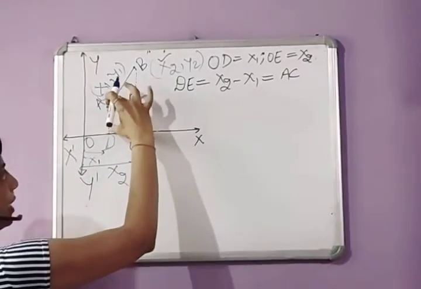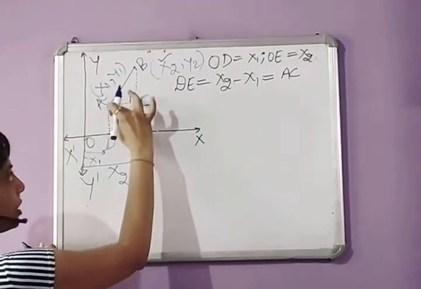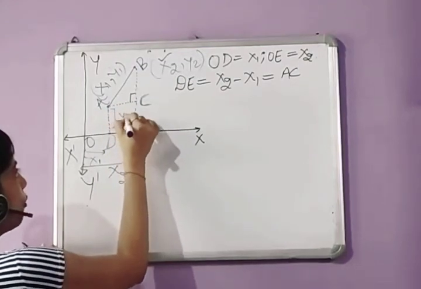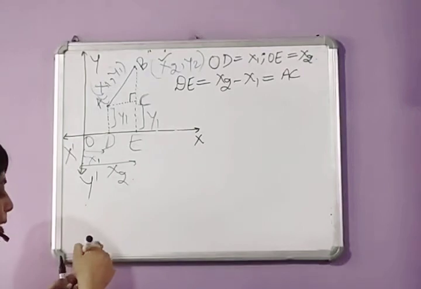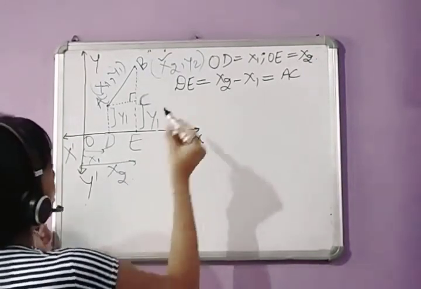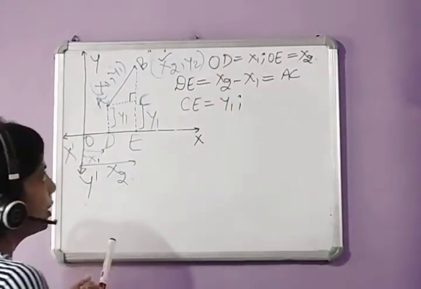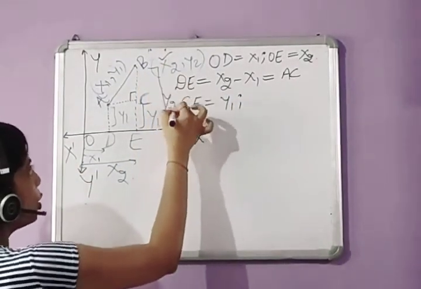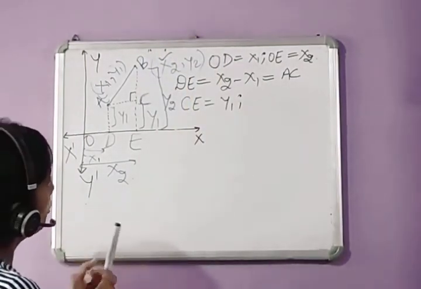Okay, what is this distance? This is the perpendicular distance from the x-axis. This will be y1, so this will also become y1. CE will be equal to y1. What is BE? BE will be y2 because this whole distance is y2.